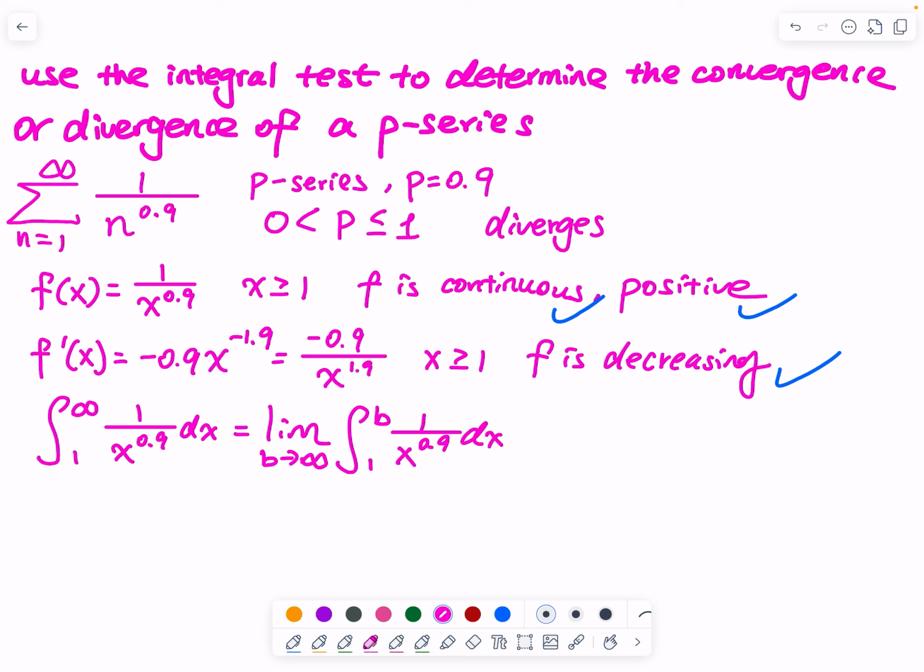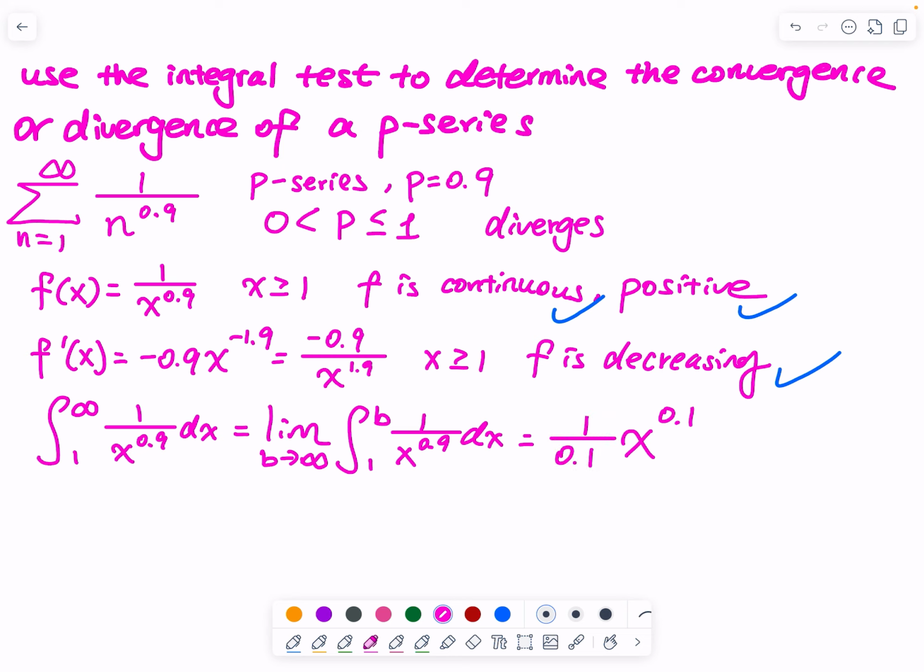The integral of x to the negative 0.9: negative 0.9 plus 1 is 0.1, and then 1 over that, 1 over 0.1.